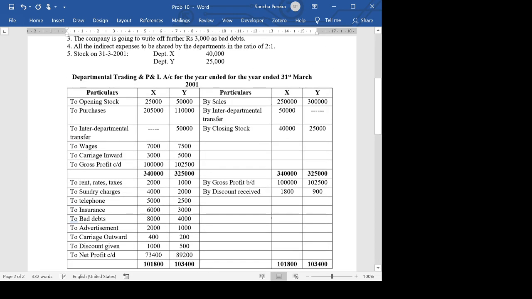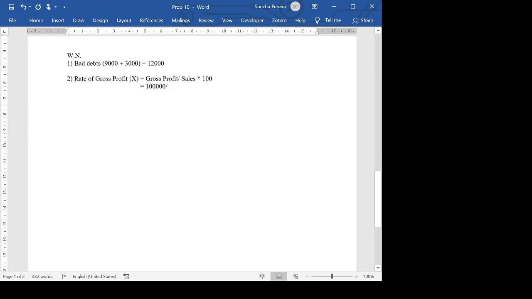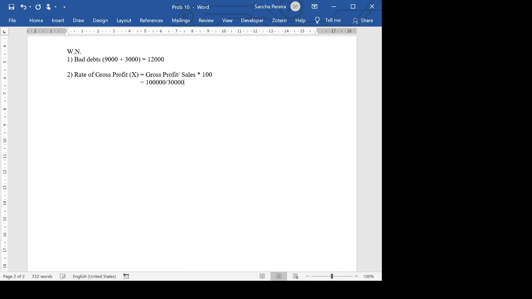Now sales of X. When we take sales, we also include the interdepartmental transfers, whether as sales or as transfer to other departments. I explained this in the previous problem. So it will be 2,50,000 plus 50,000, which will be 3 lakhs, into 100.